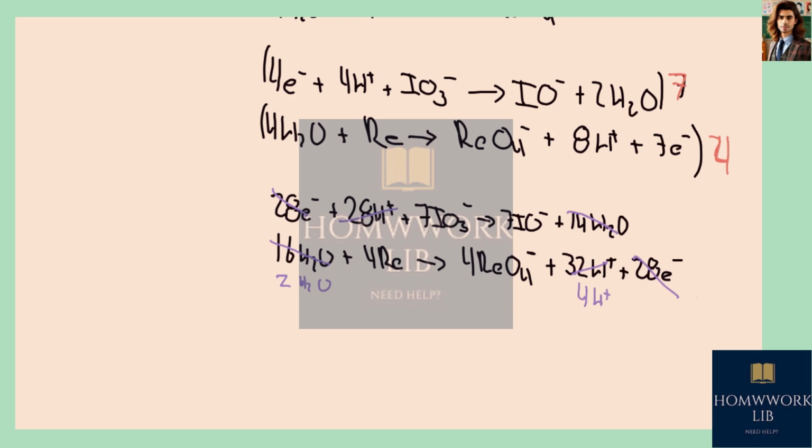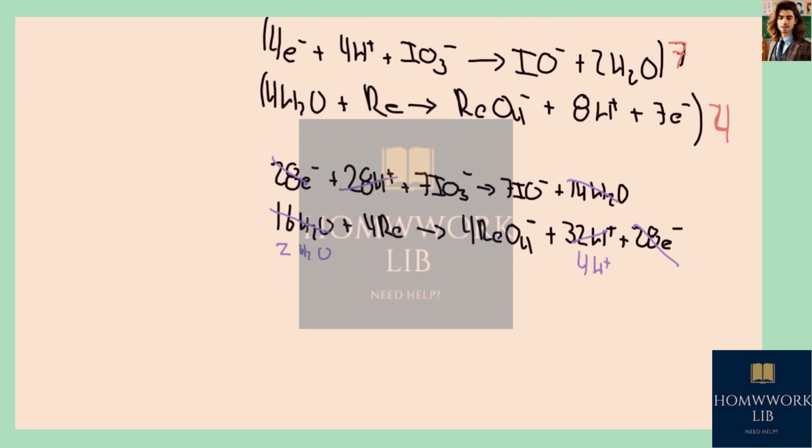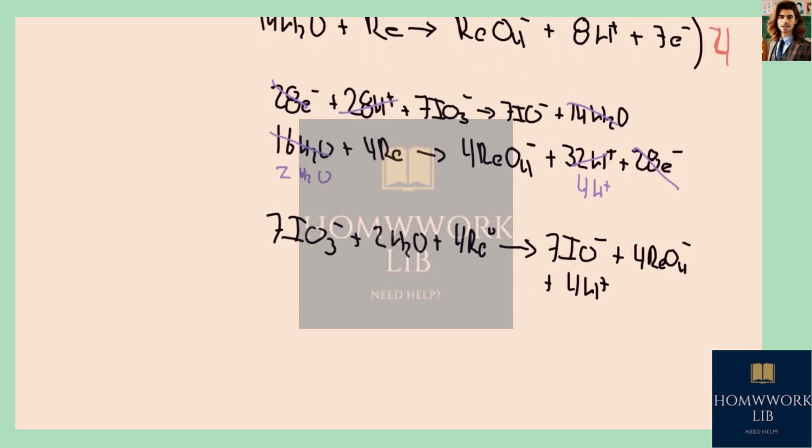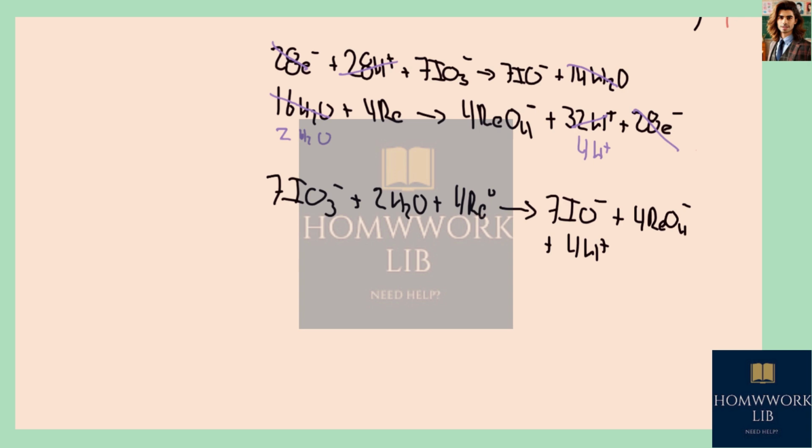So now, after I add both of the equations, I get 7 IO3 minus plus 2 water molecules plus 4 of rhenium 0 is going to generate 7 IO minus plus 4 ReO4 minus plus 4 H plus, and this would be the reaction balanced in acidic medium.